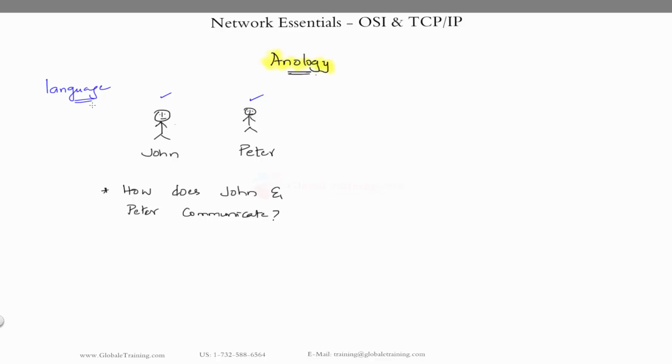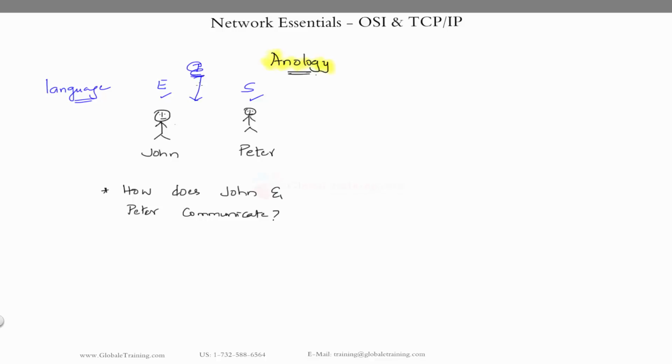To be more specific, it has to be a common language, meaning if John only knows English and if Peter only knows Spanish, then there's a problem. They don't have a common language. Now in this real-time situation, you might need somebody who knows both languages who can act as a translator.